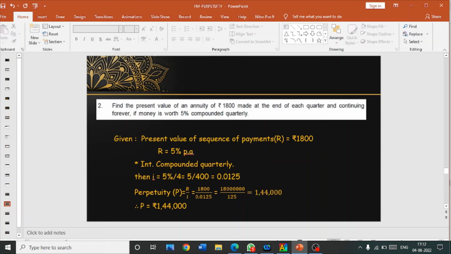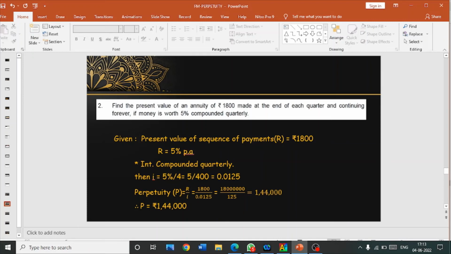So 4 means 4 by 1. A fraction divided by another fraction, I am taking the reciprocal and multiplying it. So 5 by 100 into 1 by 4, when I cancel it is 5 by 400. When you simplify this, you are getting 0.0125. So now the perpetuity is the cash flow by the I, 1,800 divided by 0.0125.